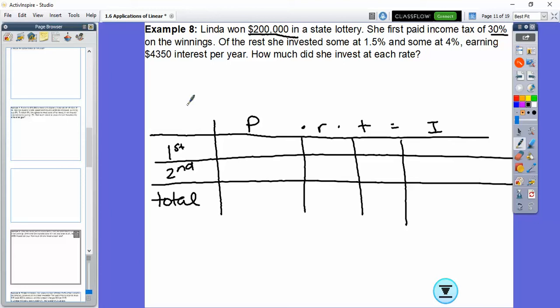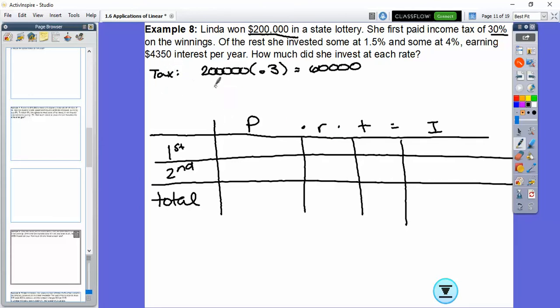Take 0.3 times 200,000. And what do you get? $60,000. That's the amount she paid in tax.